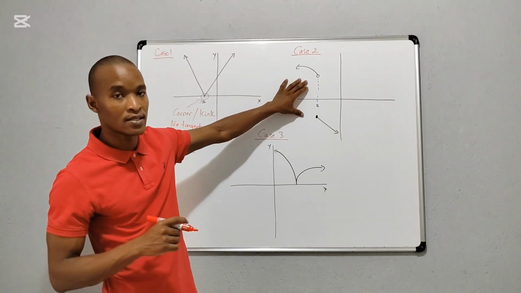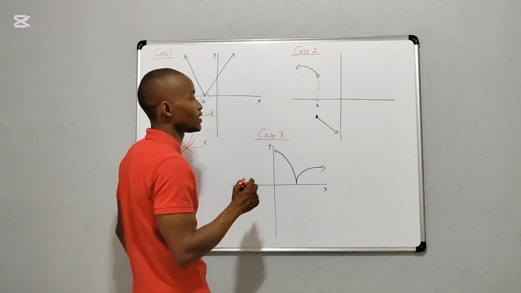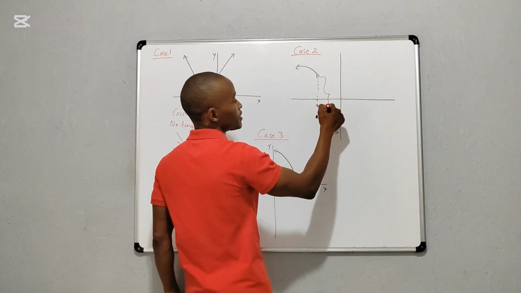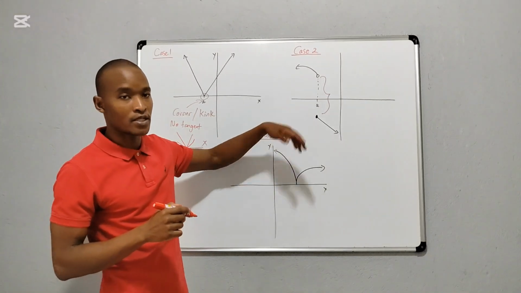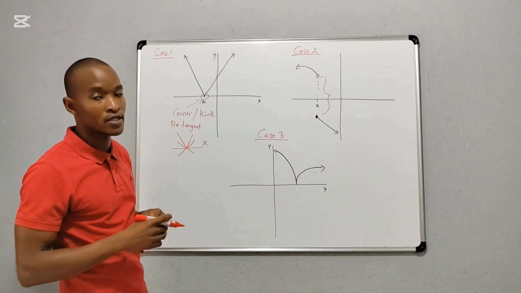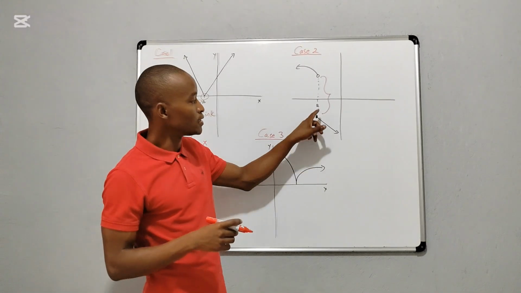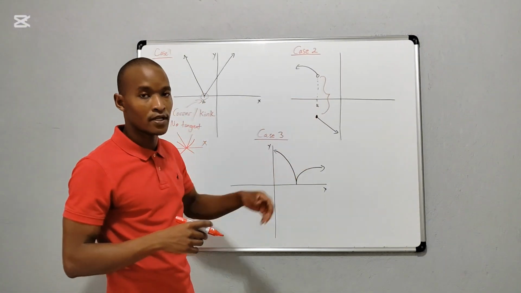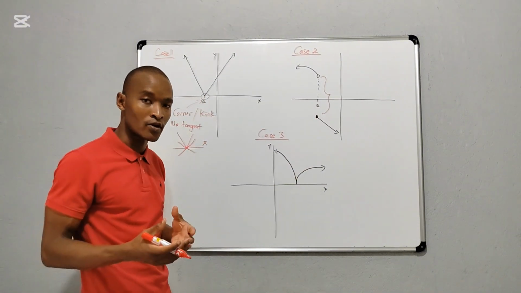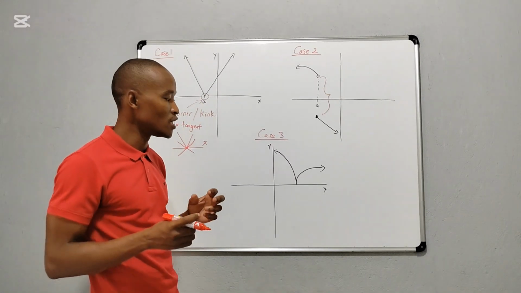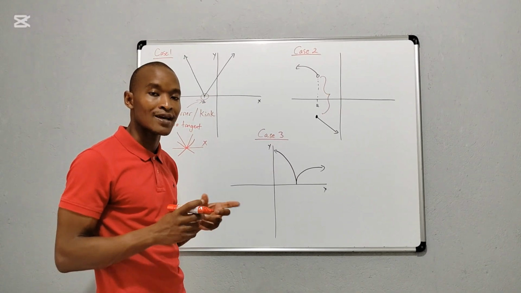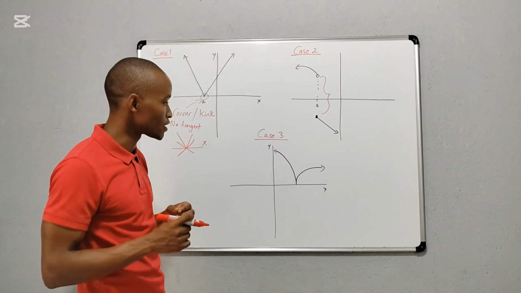Here we can clearly see that we have discontinuity. Okay, remember we spoke about the gap. So whenever we have a gap, we have a jump discontinuity, and if your function is not continuous at that point, in this case point A, definitely it won't be differentiable, because the primary condition is that you want the function to first be continuous before you test the one-sided limits for your gradient function.